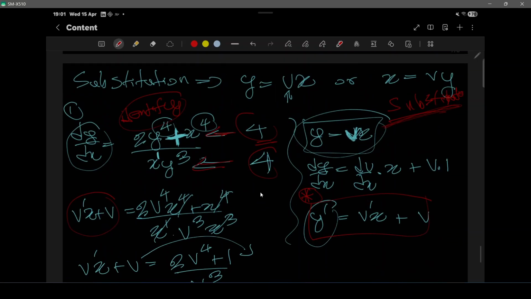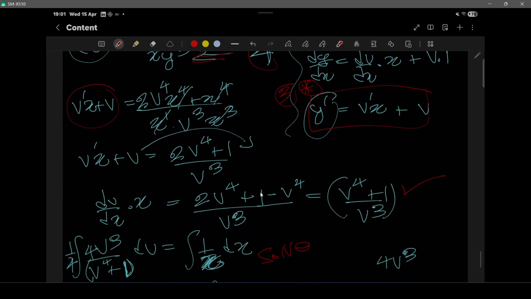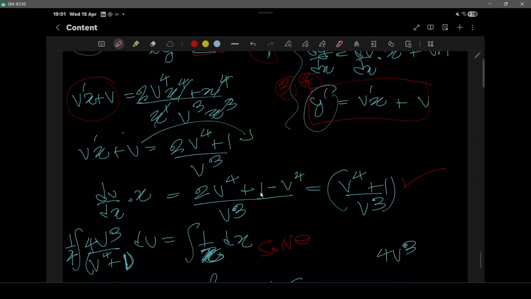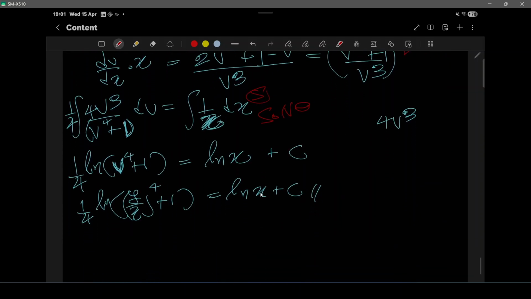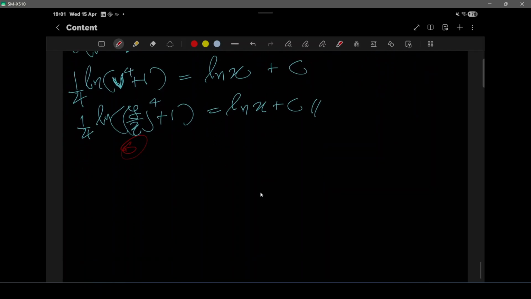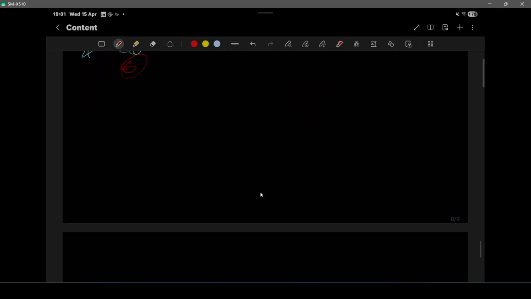This is like 1, 2, this is like 3, and this is like putting in the substitution, 4, and solving the differential equation, 5. And after solving the differential equation, you have to pull back the y. So it's the sixth step. So with only six steps you can solve any homogeneous differential equation.